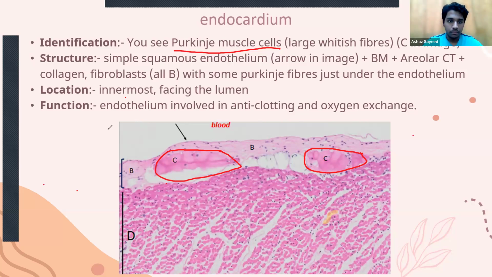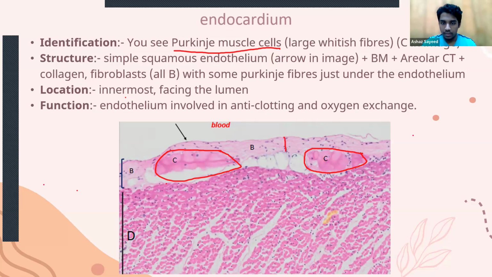For the structure, you have a simple squamous endothelium. The epicardium had a mesothelium. The endocardium has an endothelium. Now, wherever there is an endothelium, there is going to be a basement membrane, and areolar connective tissue.